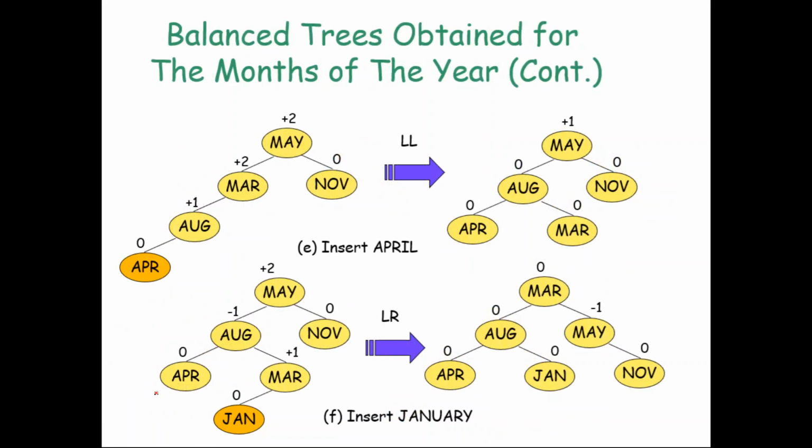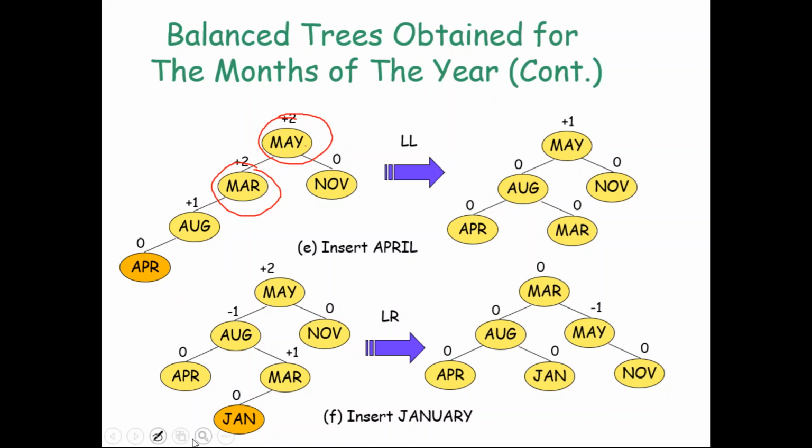Next, you are inserting April. When you insert April, unbalance is created at 2 places: in March, and also in May.